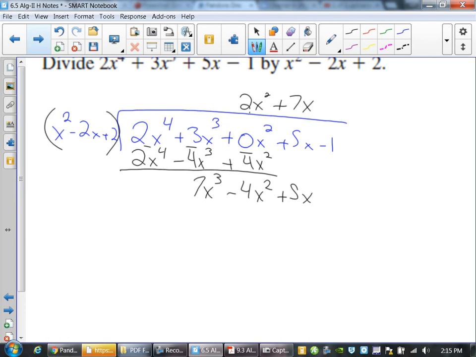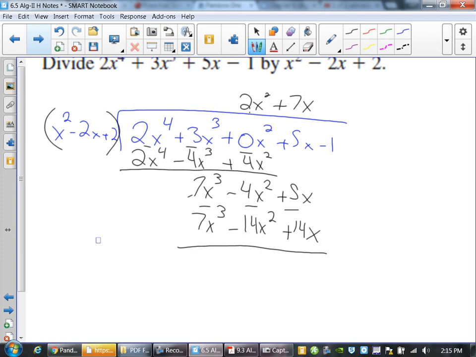Multiply in, we have 7x cubed minus 14x squared plus 14x. 3 subtraction problems. What did you do for that part?